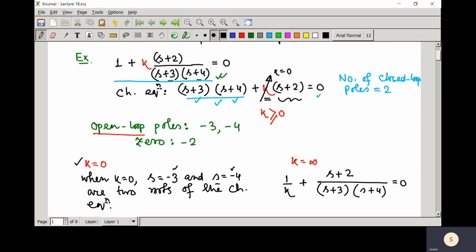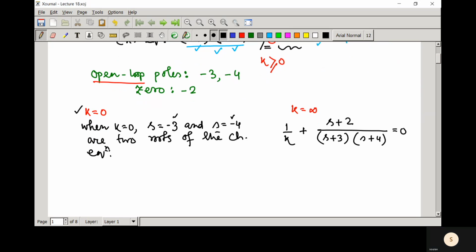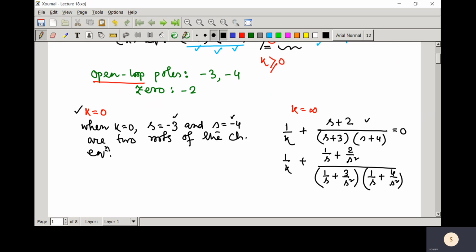Now we can divide the numerator and denominator by s squared. So what we get is 1/s plus 2/s squared in the numerator, and in the denominator 1/s plus 3/s squared, and 1/s plus 4/s squared, equal to 0.